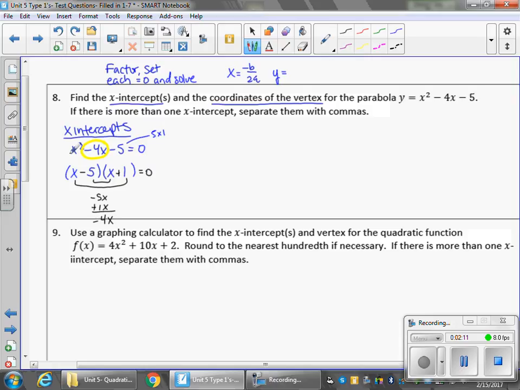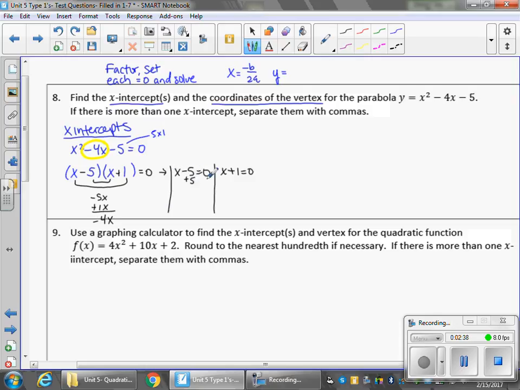Okay, if I was only being asked to factor, that would be all I would need to do, but that's not it. So next, we need to take these factors and actually get the x-intercepts. So we have x minus 5 equals 0, and x plus 1 equals 0.